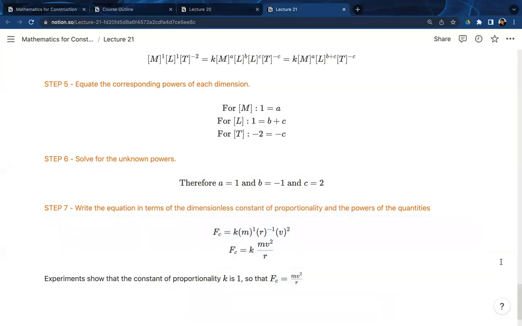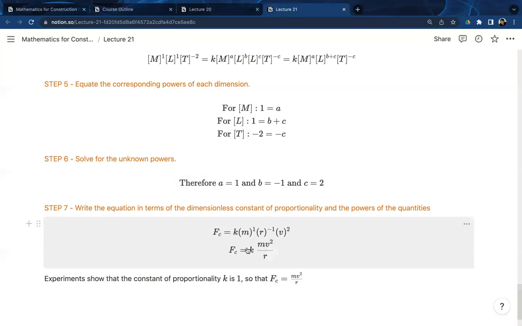So you would do experiments to find out what the constant of proportionality is, like plot a graph of k versus v squared or something, knowing the mass and the radius, and the gradient of the graph could be k. If it's a straight line through the origin of gradient 1, then you know the constant of proportionality is 1, right? But you have to do that via experiment. Dimensional analysis brought us very far, right? It told us the centripetal force is mv squared over r by some number.